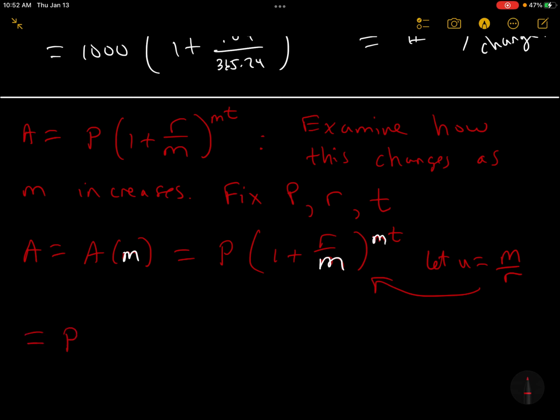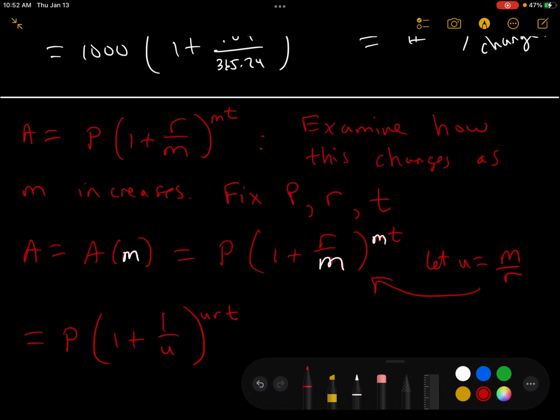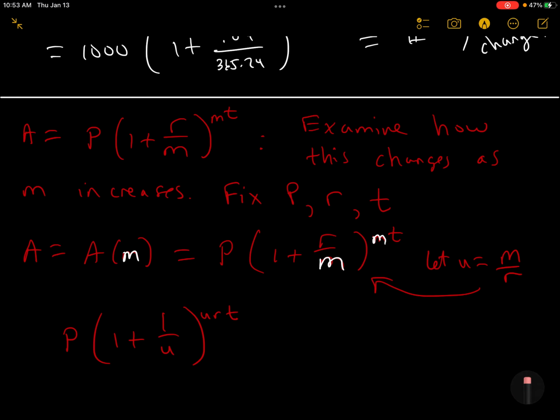So we have P, and if u is m over r, r over m is 1 over u, and m is ru, so we have urt up there. So I just did a change of variable. A is now a function of u only, and u is a function of m, so it's embedded in there. So as m grows, u grows, and so does A.